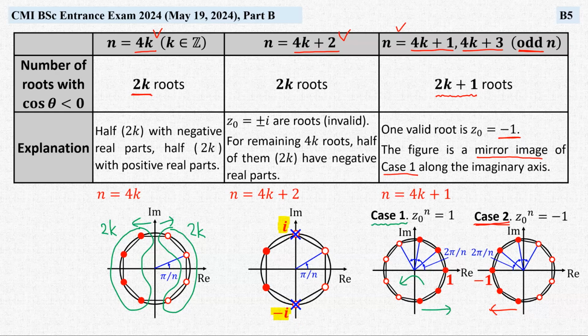Both are invalid roots because they are on the imaginary axis. So we have 4k roots remaining, and they are arranged in a manner that half are on the left and half are on the right, so 2k on the left and 2k on the right. Even though the layout of vertices is a bit different, we also have 2k valid roots. So we finished case 2.